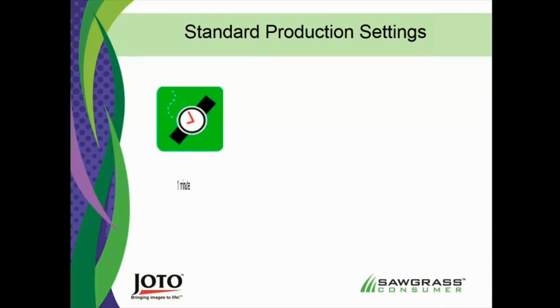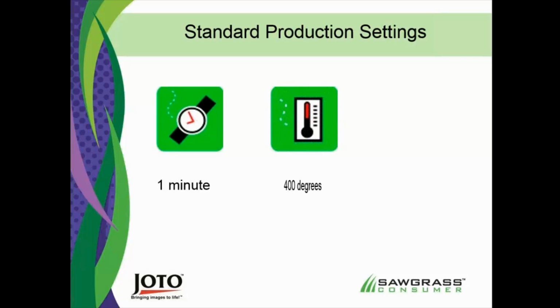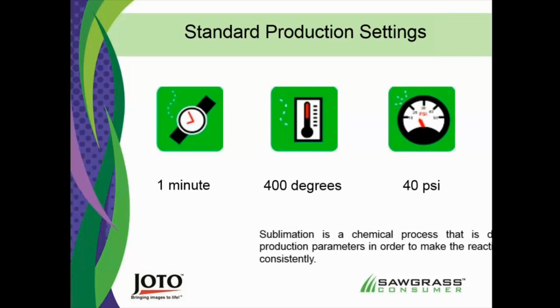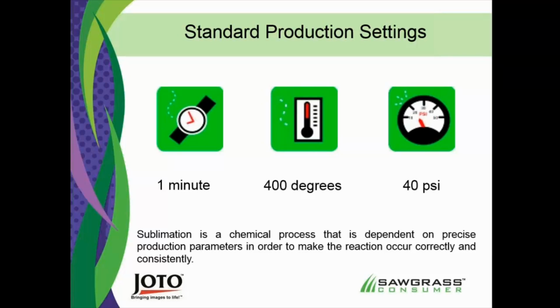When you look at our standard production settings, we are very specific on settings for our different products. And there may be some variations between products, but most products are 1 minute, 400 degrees, at 40 psi, but nobody knows what 40 psi is, so medium pressure, okay? A good medium pressure is what we need. And we need all 3 things to make it work. We can't have 1 of 2 or 2 of 3 or whatever.